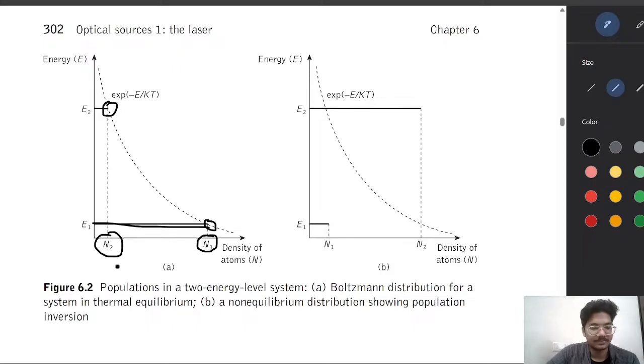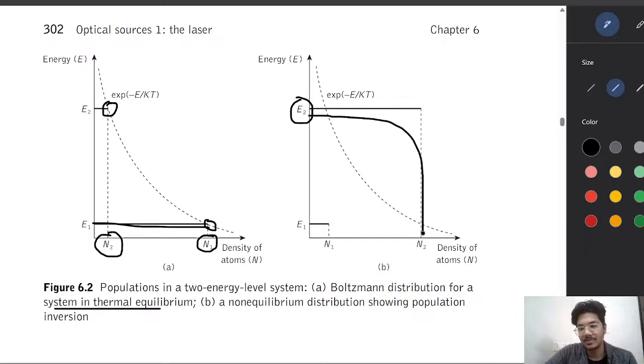The Boltzmann distribution of the system is an equilibrium distribution. For non-equilibrium, population inversion, external pumping raises many atoms to the higher level. Using the external pumping, the maximum number of atoms exist at the higher level and fewer at the lower level.